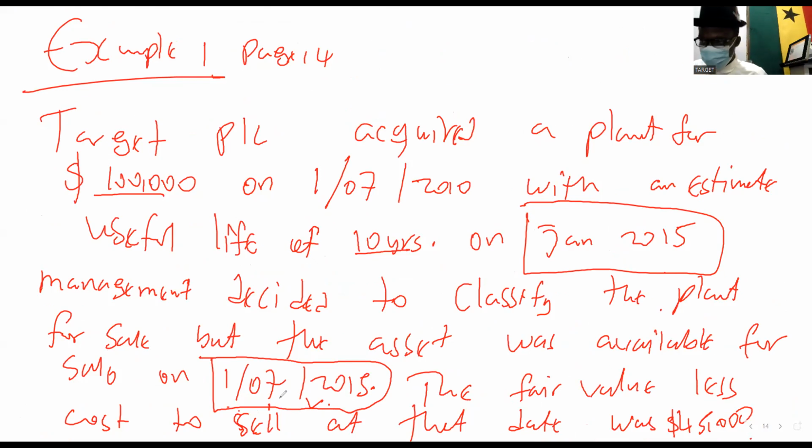But if it goes beyond the year end, they have no IFRS 5. So I'm done with that one. So at the year end, we cannot record.